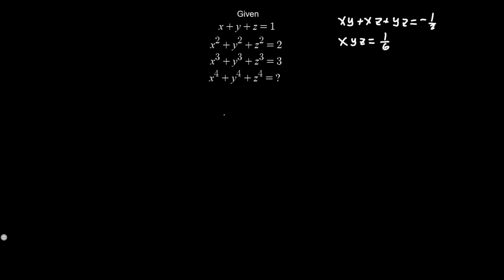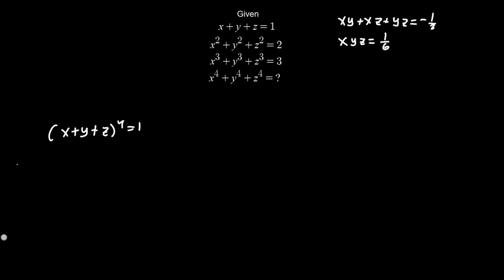After I do all that, I'm going to show how to get the answer very quickly with Newton's sums. So what we're going to do now is raise x plus y plus z to the fourth power, and that is going to still be equal to 1.